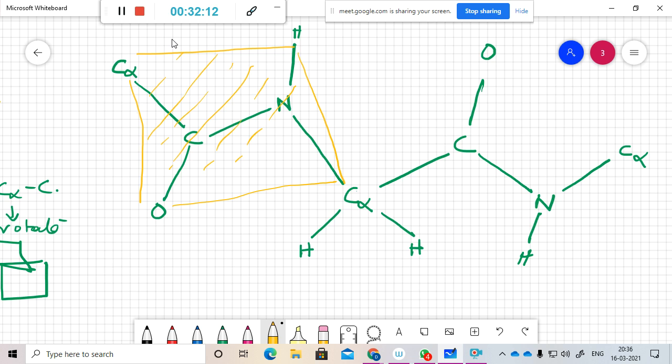this is one plane, and this is another plane.